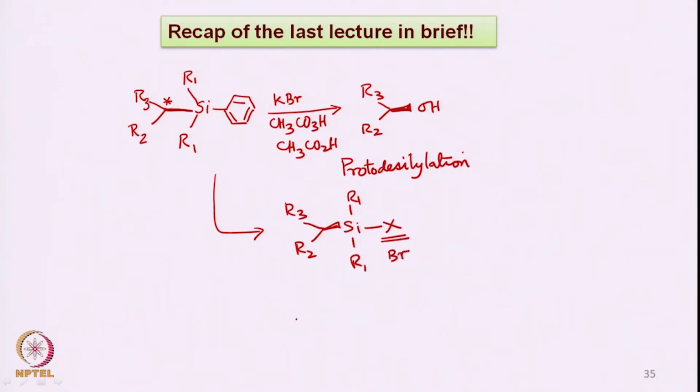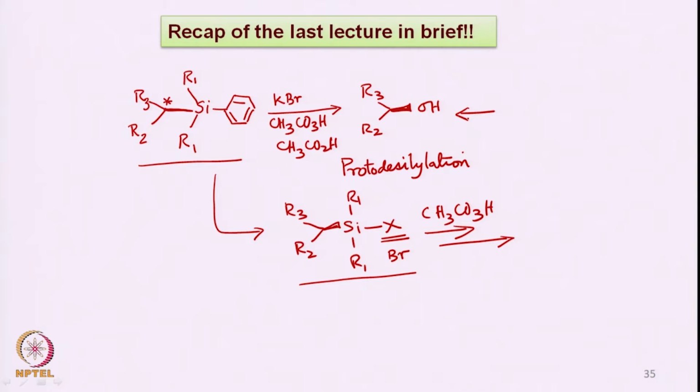So there was this conversion of the silicon substrate to the corresponding silicon halide substrate, and then we did the oxidation with the peracid, say CH3CO3H, which underwent something like a Baeyer-Villiger type of oxidation, and finally basic workup followed by protonation led to the corresponding alcohol.